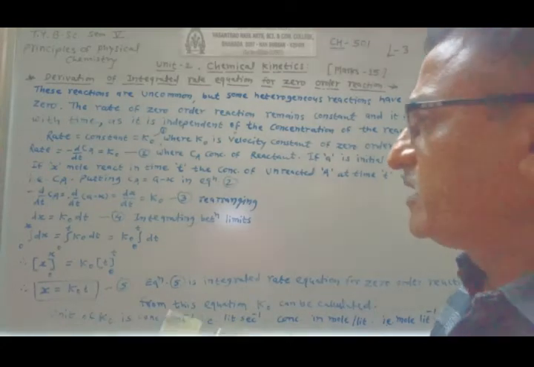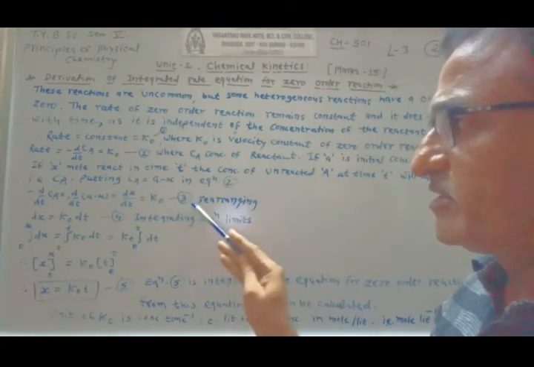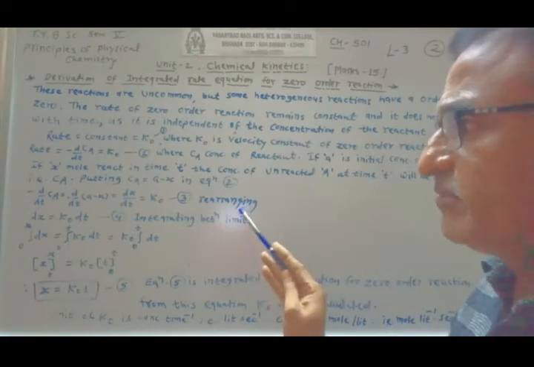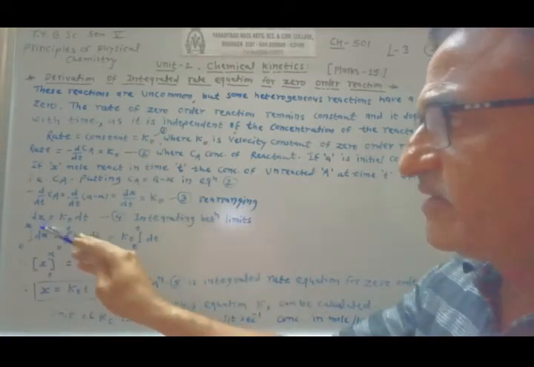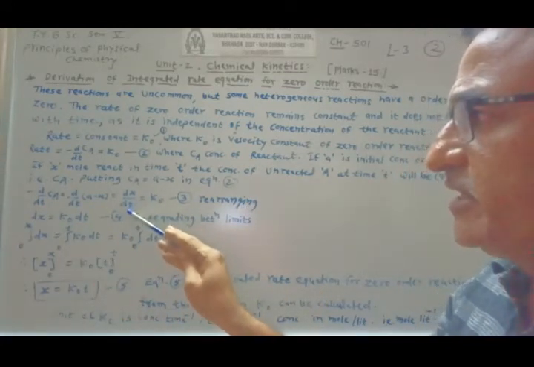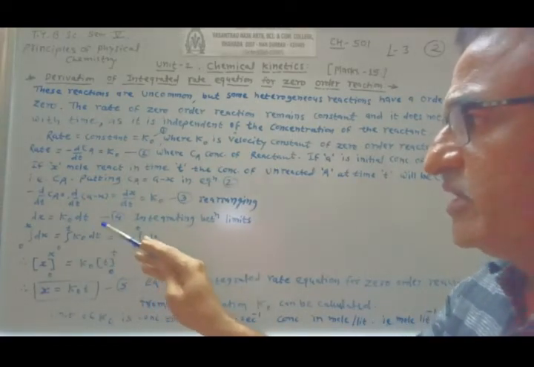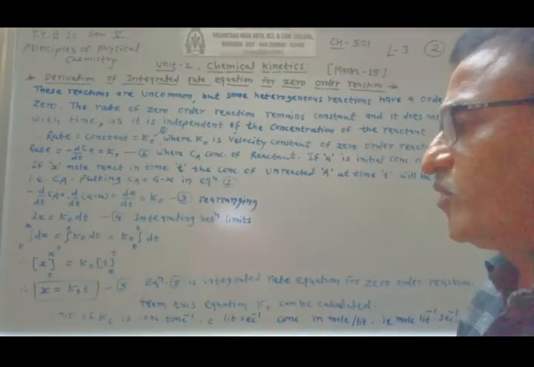Now rearranging equation 3 by separating the variables, we get dx is equal to K0 dt, call it equation number 4.